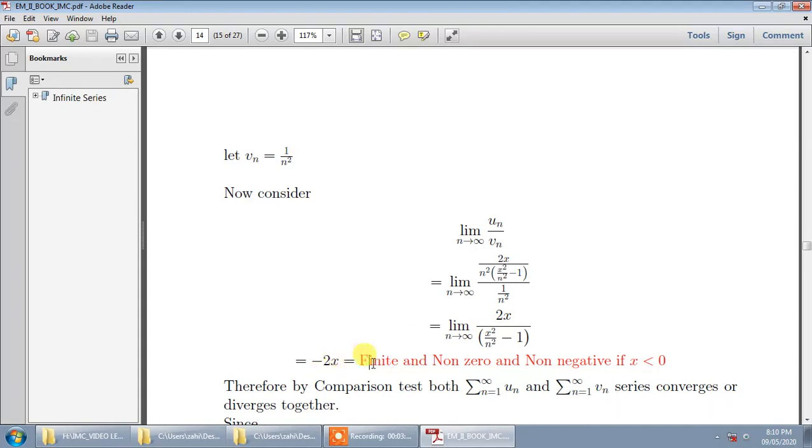It will be infinite only if x is infinity, non-zero, it will be 0 if x is 0, and it will be positive provided x is strictly less than 0. Note that x should be negative, so that negative becomes positive. Therefore this condition will be satisfied only if x is less than 0. So your comparison test will hold only if x is less than 0.